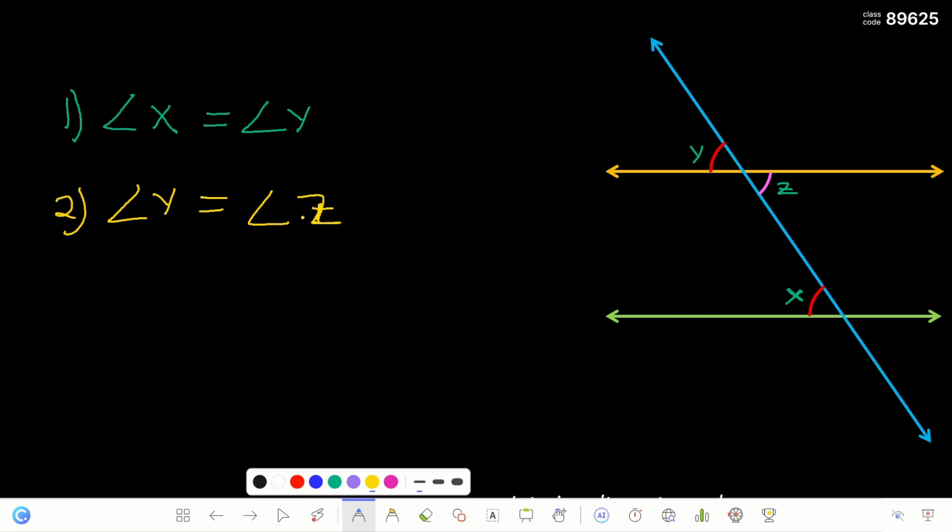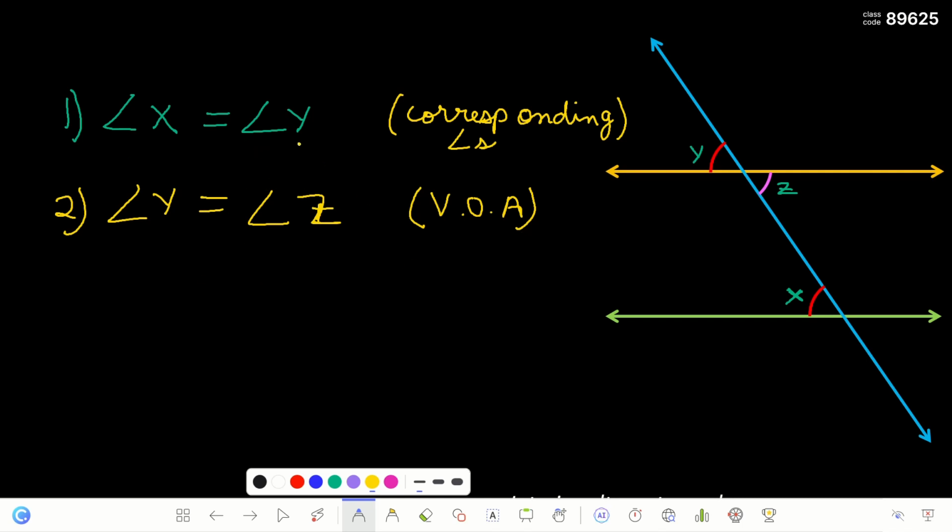This is because they are vertically opposite angles. I just write the short form. And the first equality is because of corresponding angles. So I can establish these two equalities here.